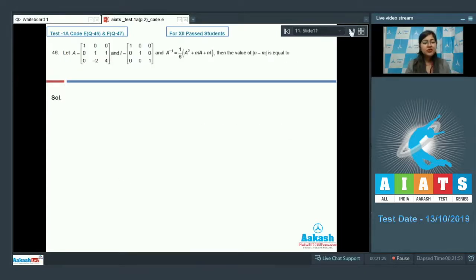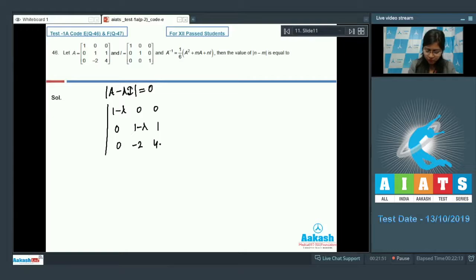Next is question number 46, which says: let A be a 3 cross 3 matrix and I the identity matrix. So we have to find A inverse. A very simple question. We just have to put determinant of A minus lambda I equal to 0. So we will get 1 minus lambda 0 0, 1 minus lambda 0 minus 2, 4 minus lambda, determinant equal to 0.